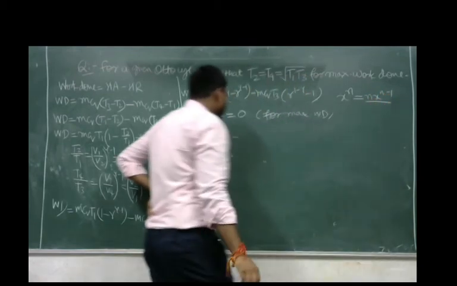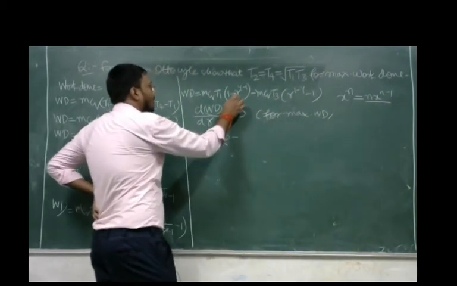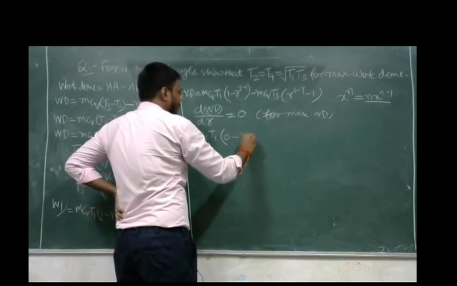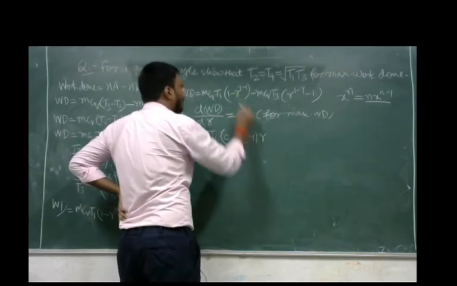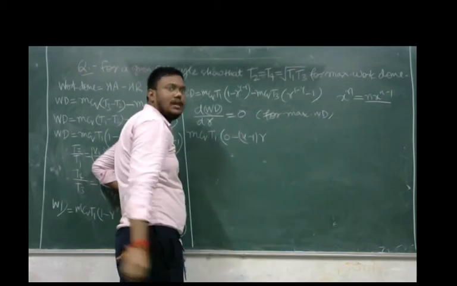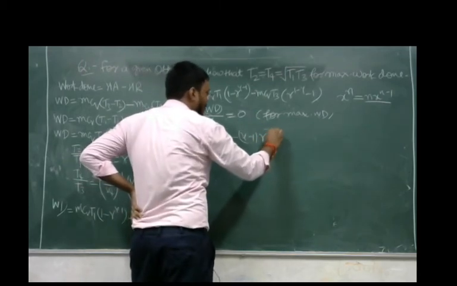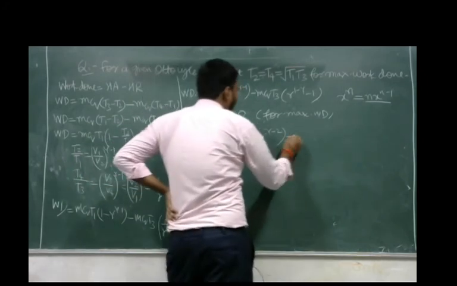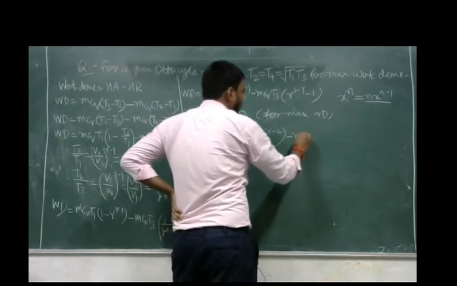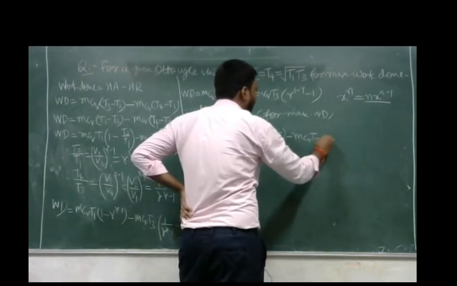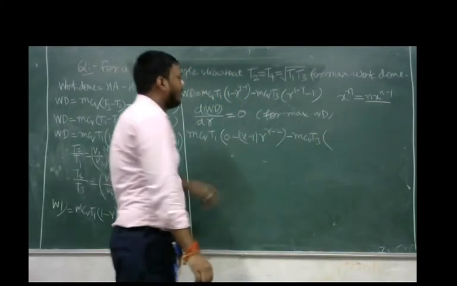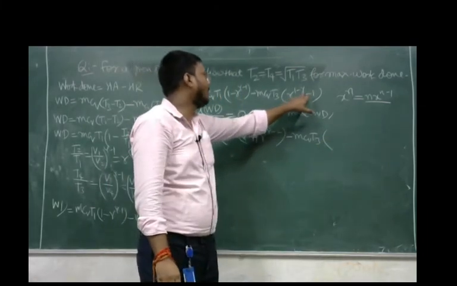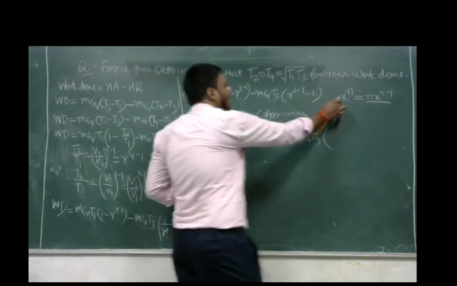Okay, so here we get gamma minus 1 r to power gamma minus 1 minus 1, which means r to power gamma minus 2, minus mcv t3. Again differentiate r to power 1 minus gamma, so again the same formula, x to power n.